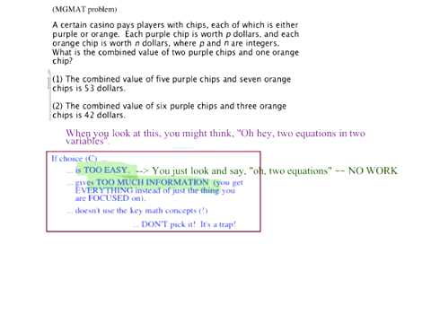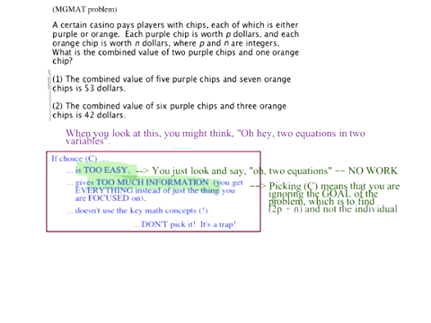So if you pick C, it means that you are ignoring the goal of the problem, which is to find the value of 2P plus N, and not the individual values of P and N.